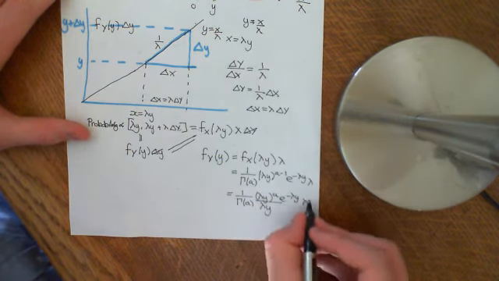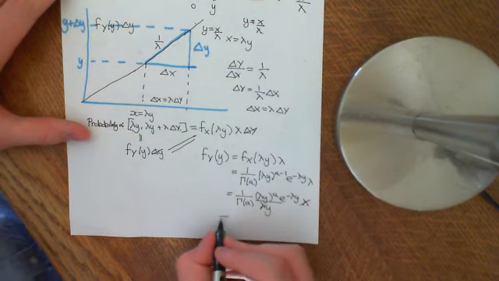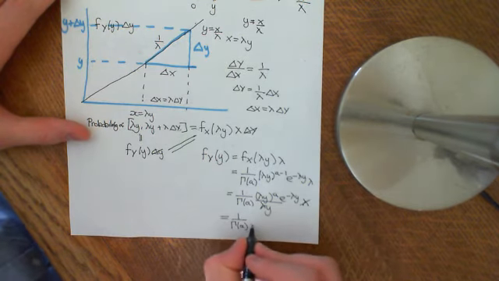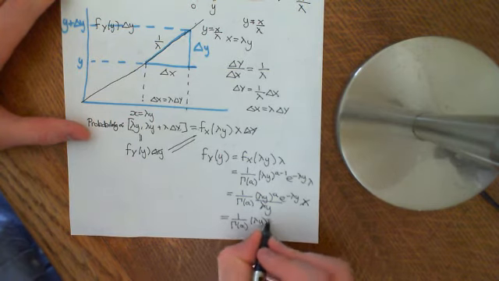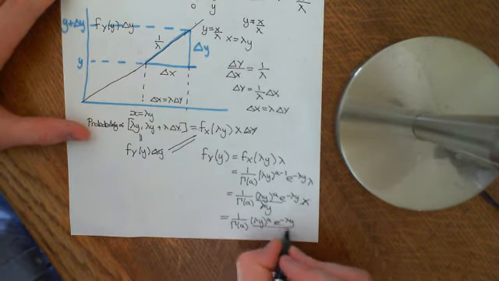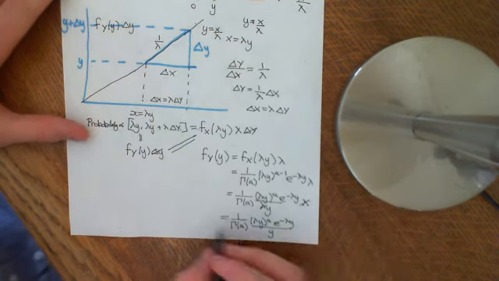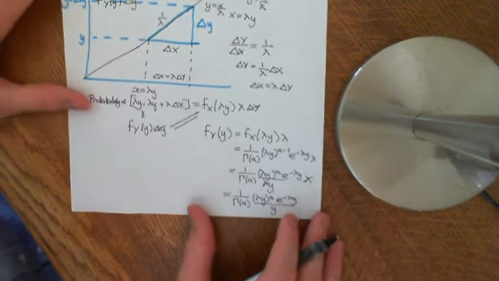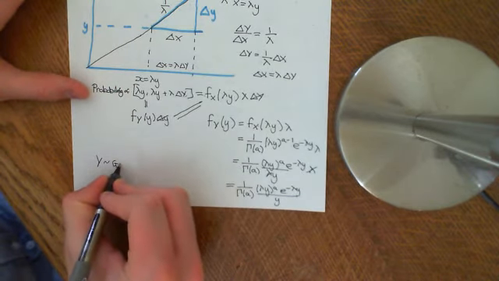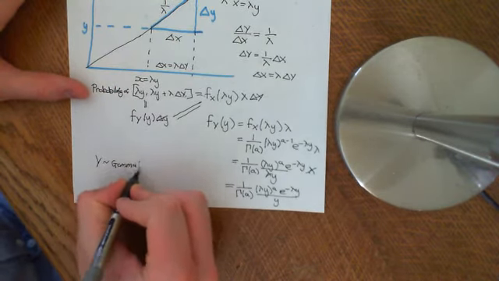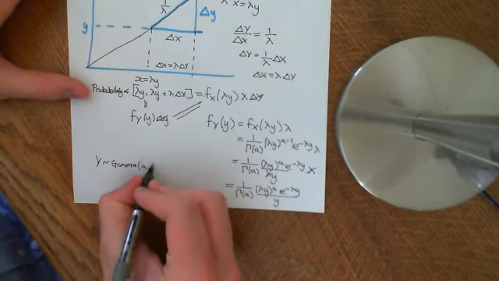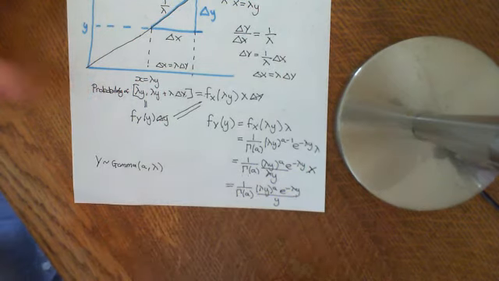Then we can cancel this lambda with this lambda, and we get 1 over gamma of a, lambda of y to the power of a, e to the negative lambda of y, divided by y. So there's the PDF for the more general gamma distribution. So big Y is going to be gamma distributed with parameters A and lambda.